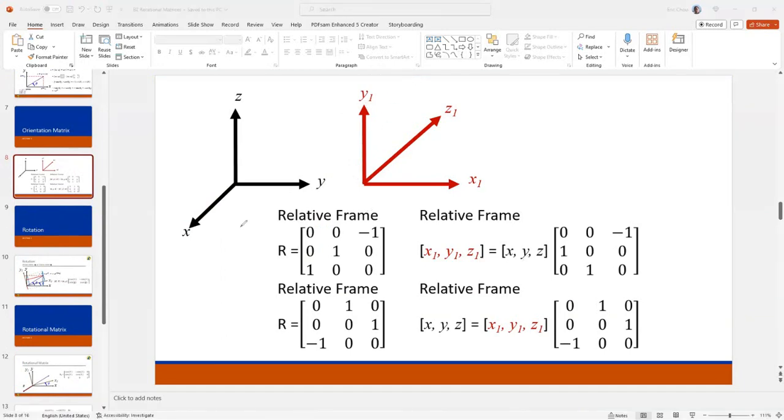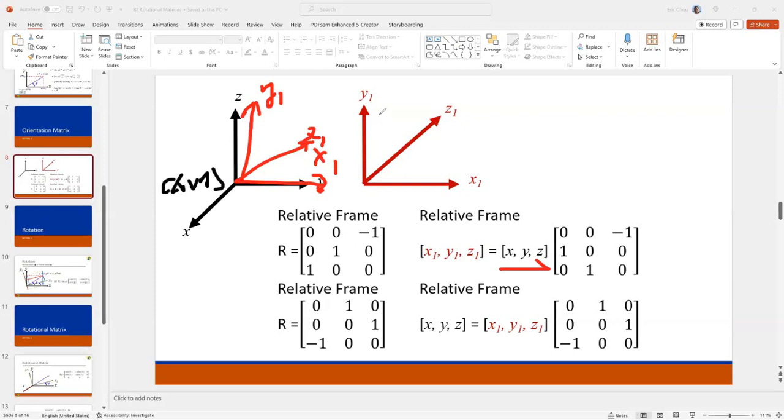Your original coordinate XYZ, the black one, and the relationship of the new orientation XYZ here. Your X1 is over here. They overlap. Z is this direction, Z1 this direction. Y1 this direction. Everything else is the same, except that your XYZ can be observed by the black frame or the red frame.